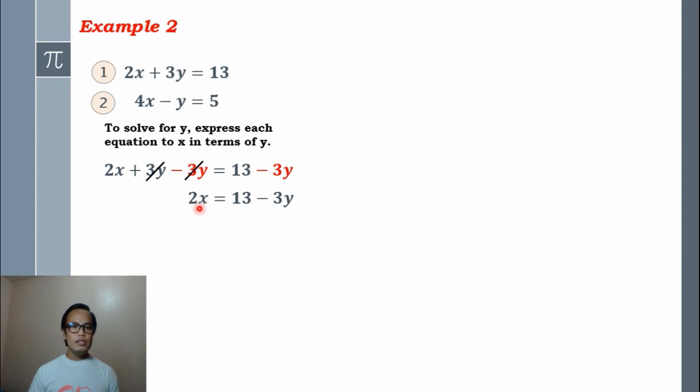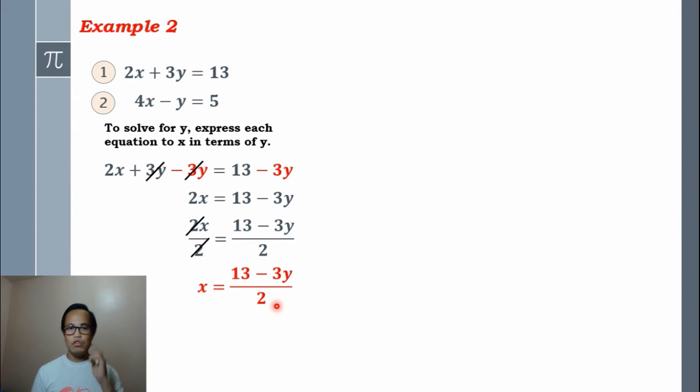Now, next is to eliminate the 2 so that only x shall remain at the left side. So we will divide both sides by 2. The 2 will be cancelled out. So what remains at the left side is x. Now, since 13 is not divisible by 2 and also 3 is not divisible by 2, we shall leave these values in a fractional form so that it would be easy for us to cross multiply.